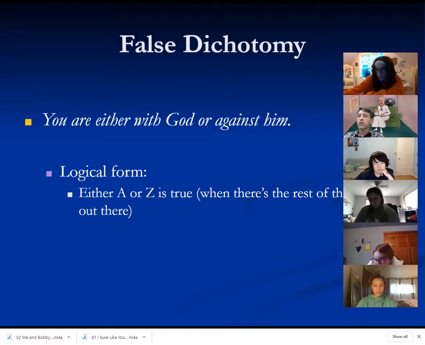No, no historian worth their salt looks at using history as a tool. Rather, the purpose of history is to attempt to understand the past for its own sake, not for using it as some sort of political, economic, religious, whatever tool. Okay, logical form: either A or Z is true, but it turns out there's a whole other alphabet and it could be a lot of other things too.